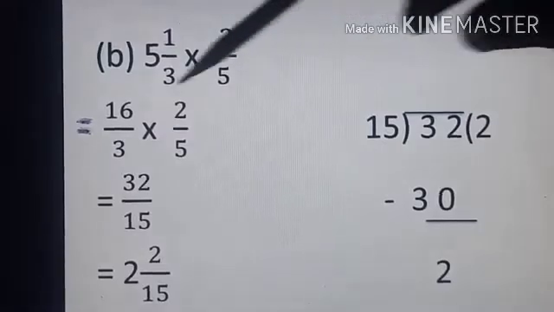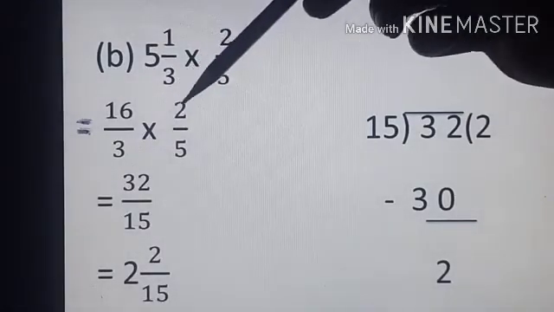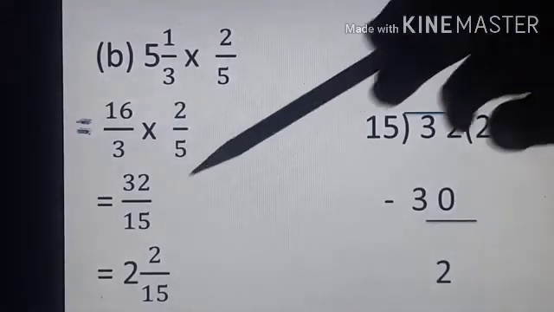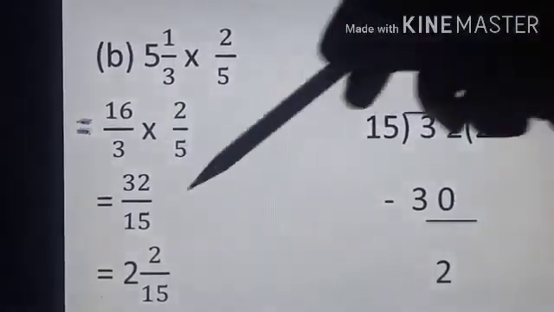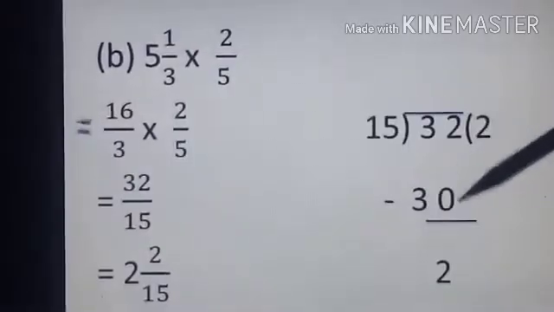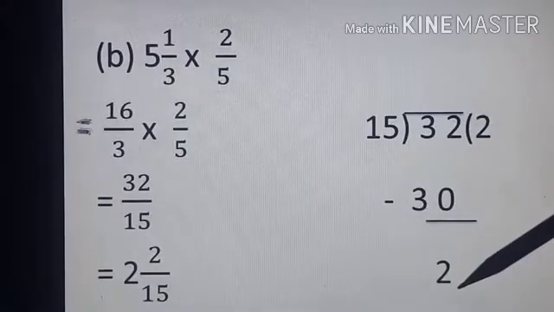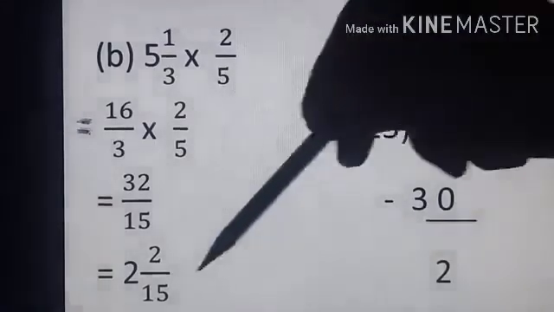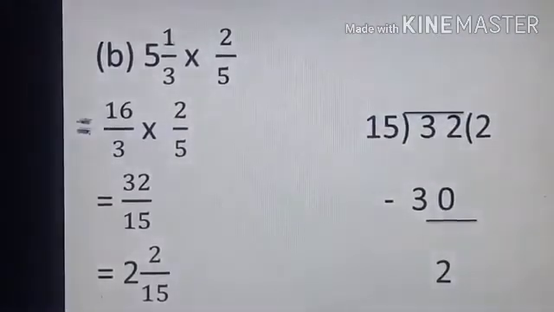Why have we done direct multiplication? Because cutting is not there. 2, 3, 5 all are prime, so no cutting is there. Now 32 divided by 15. 15 twos are 30. 32 minus 30, remainder is 2. So our answer will become 2 whole 2 by 15. Understood? Simple questions, huh?